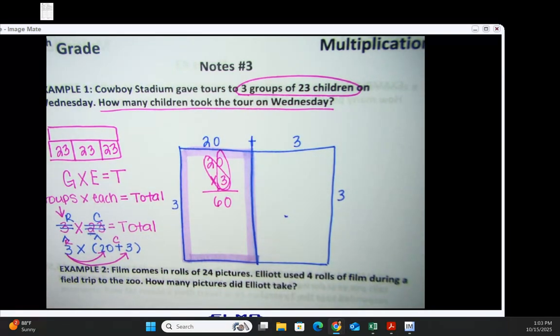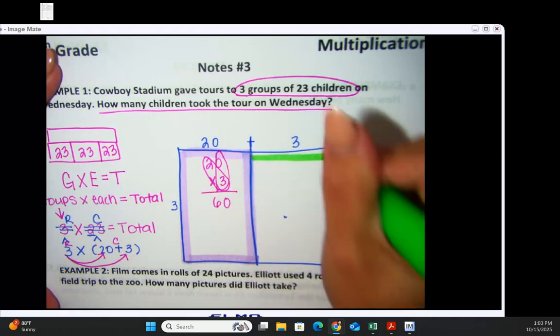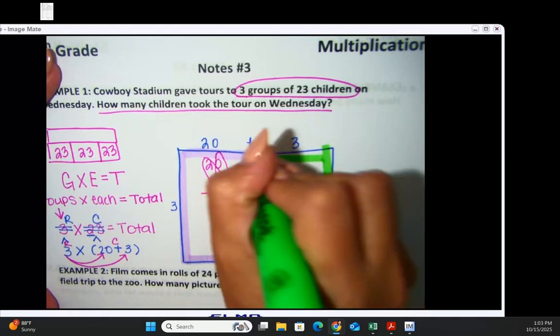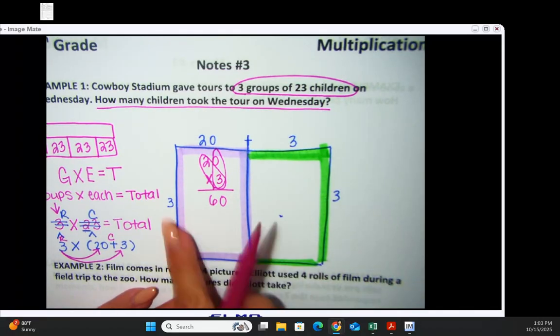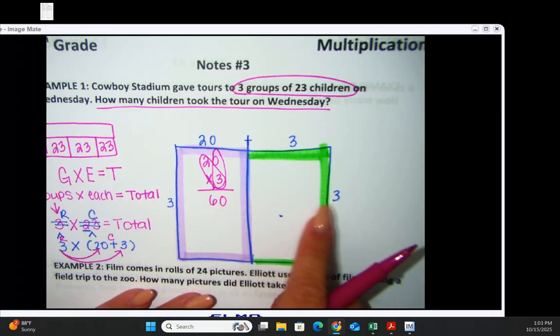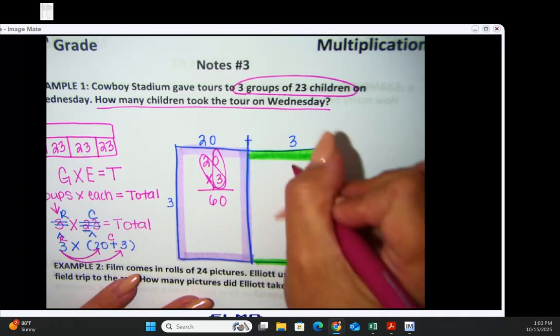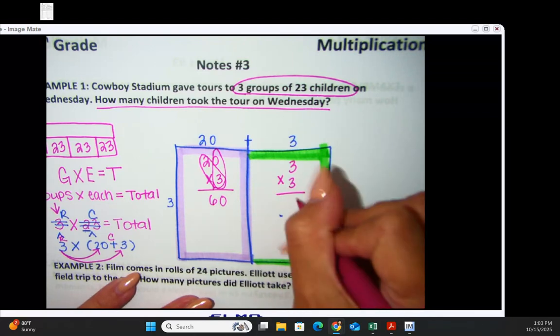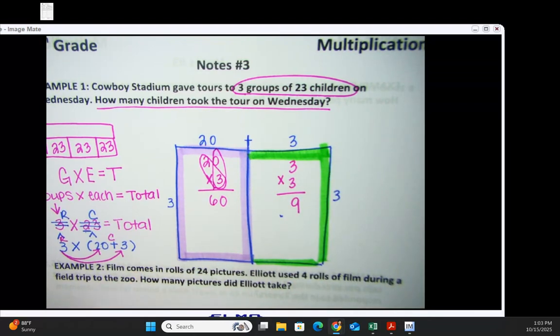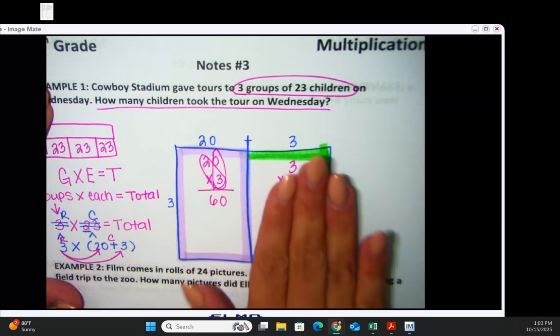Now I want to find the area of this figure. Area equals length times width. My length, well, we know it's here, but we gave ourselves a little reminder that my rows represent 3. So I'm going to multiply 3 times 3.